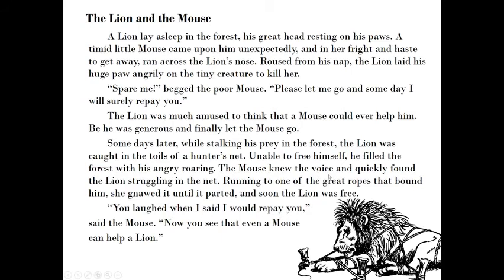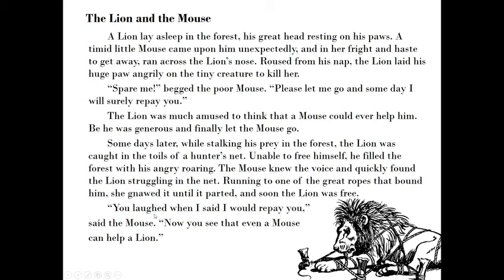The mouse knew the voice and quickly found the lion struggling in the net. Running to one of the great ropes that bound him, she gnawed it until it parted, and soon the lion was free. "You laughed when I said I could repay you," said the mouse. "Now you see that even a mouse can help a lion."